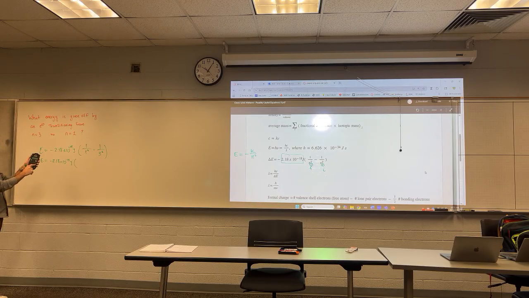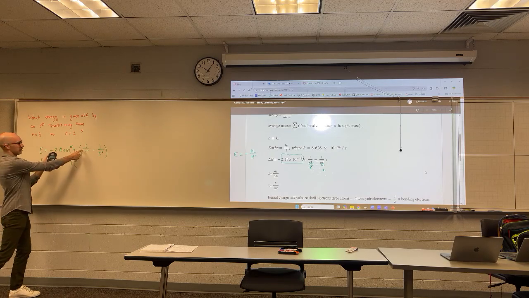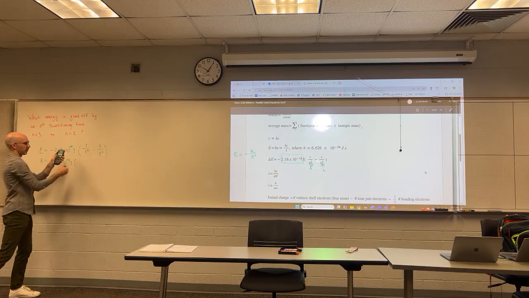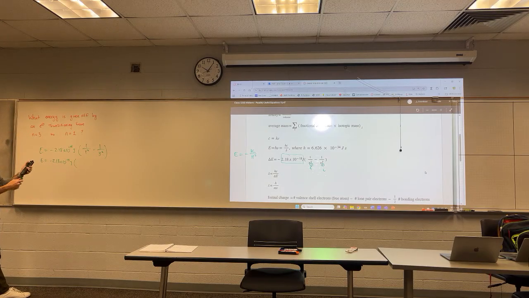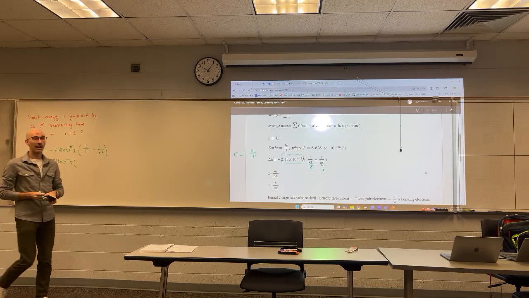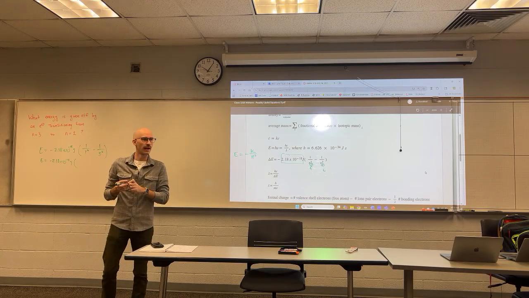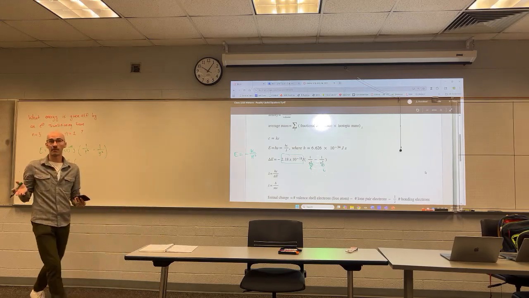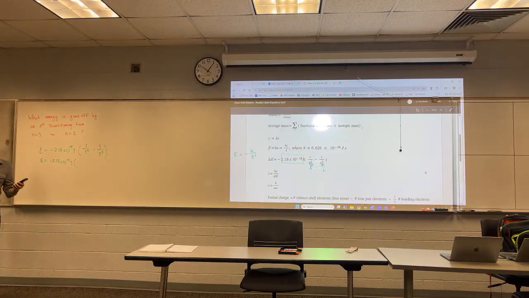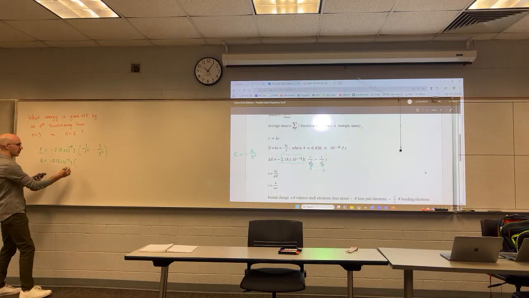So I've got 1 minus, in parentheses, 1 over 3 squared. We're just putting this in parentheses to make sure that it gives us the right answer. I really encourage you, get to know your calculator. Plug it in different ways to see if you're getting the same number and that your calculator is not throwing you off.